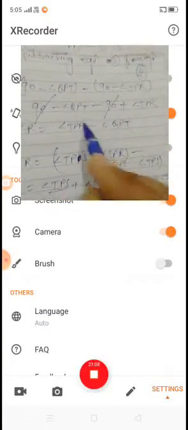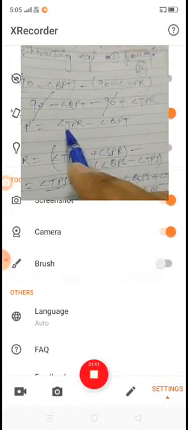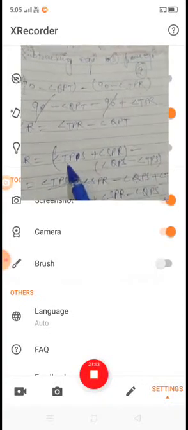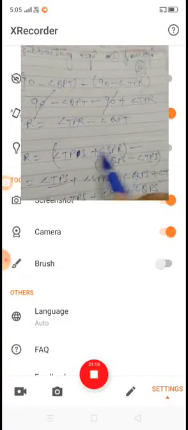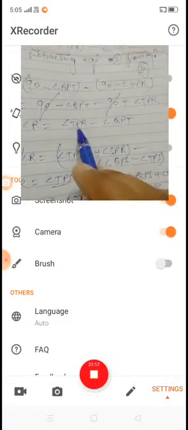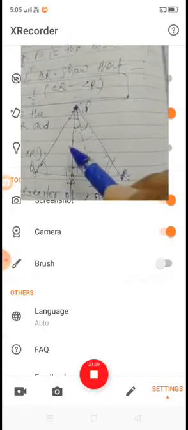Now from the figure we split angle TPR in this way, because the sum of these two angles is equal to angle TPR according to the diagram.